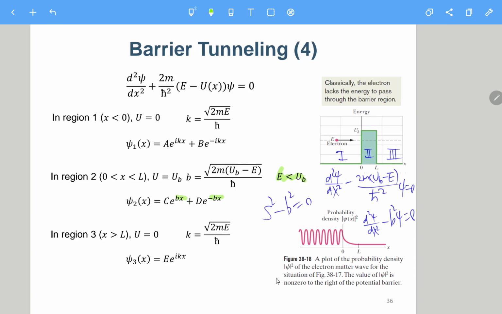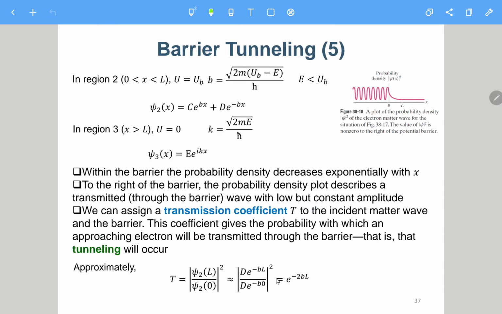Actually we need to determine the coefficients.